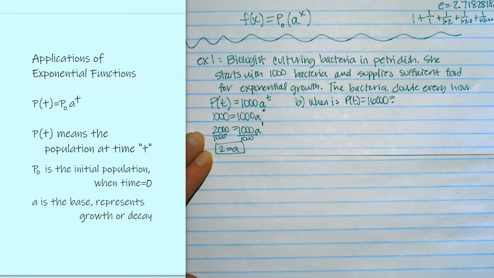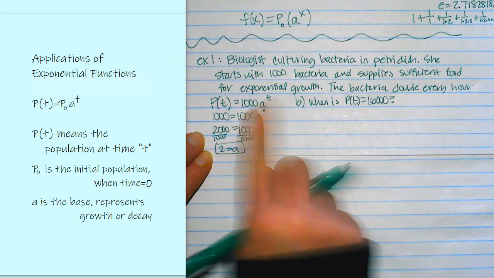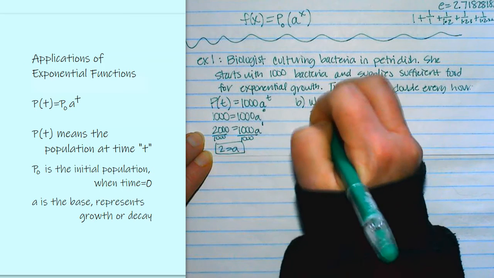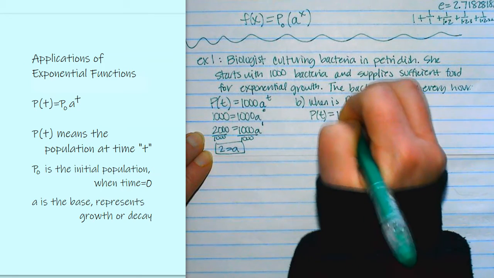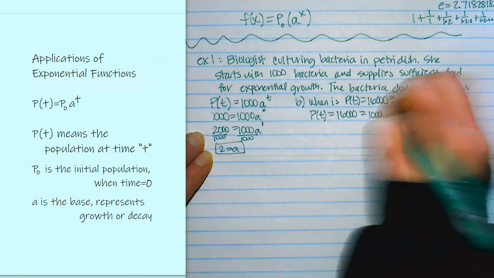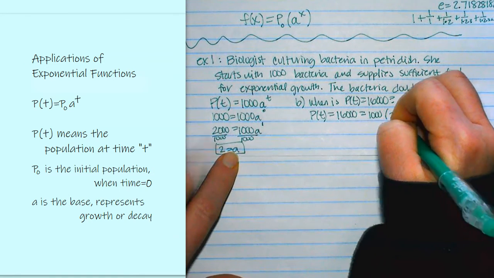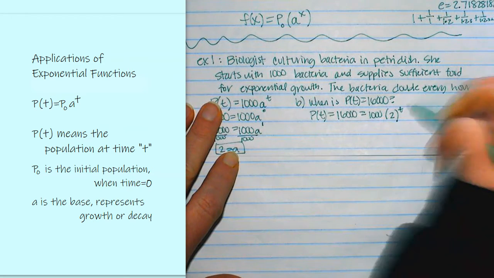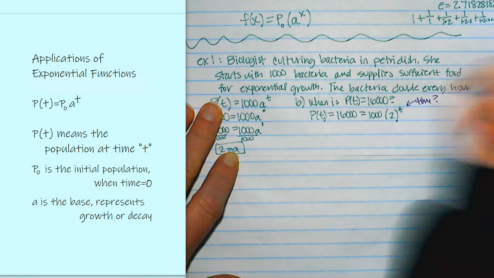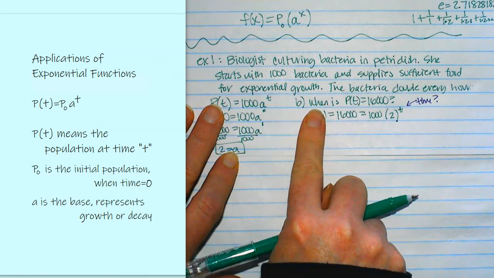So what we need to do is go back to this equation, except substitute in a is equal to 2, and say P of t equals 16,000, which is equal to the equation 1,000 here, times 2, which we figured out, to the t. So we're looking for t. This is our question. Time.